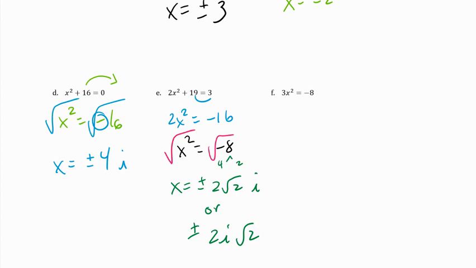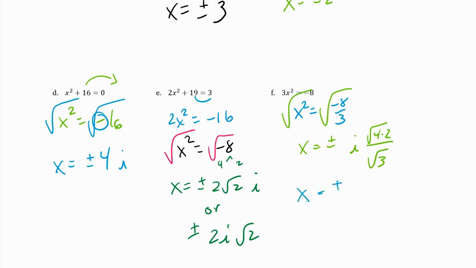For F, divide by 3. Square root both sides. All right, so I got a negative, so that's going to give me an i. Negative 8 is going to be, the i comes out of the negative, then I have 4 times 2, and then the square root of 3.